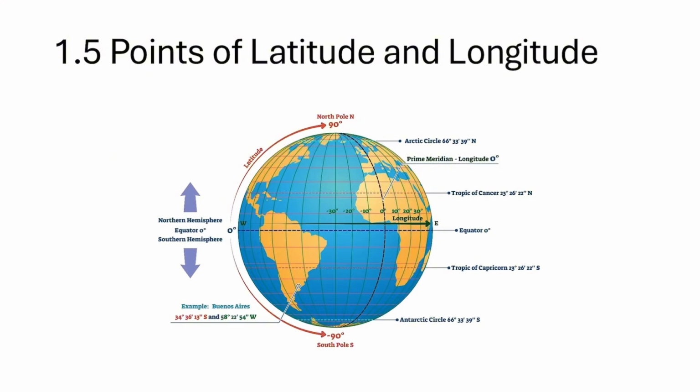An easy way to remember this is that in the northern hemisphere, which is the Tropic of Cancer and the Arctic, summer is in June and winter is in December. And for the southern hemisphere, summer is in December and winter is in June.